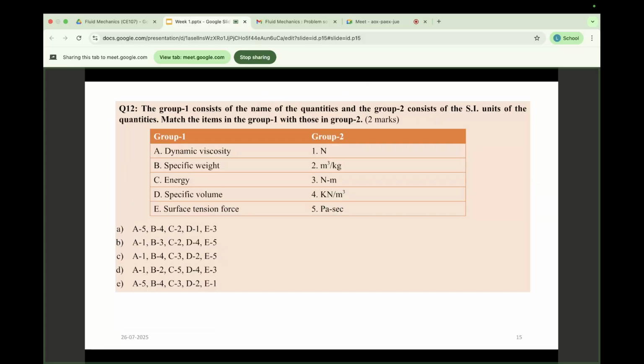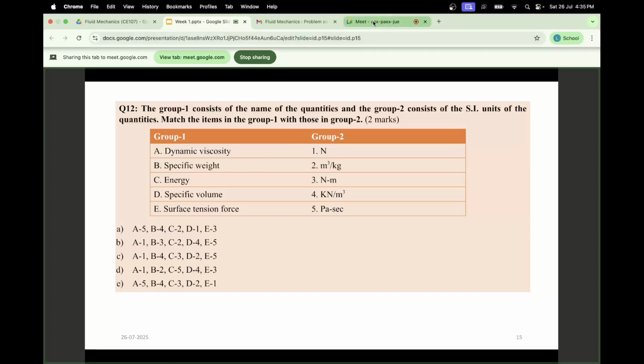See, this is matching group 1 with group 2. So some units are given and some specific nomenclatures are given. You have to check which one will be the answer.